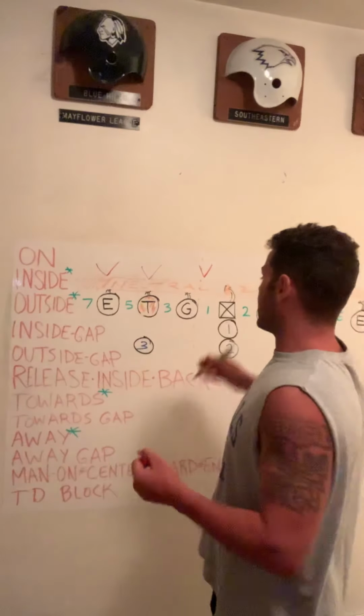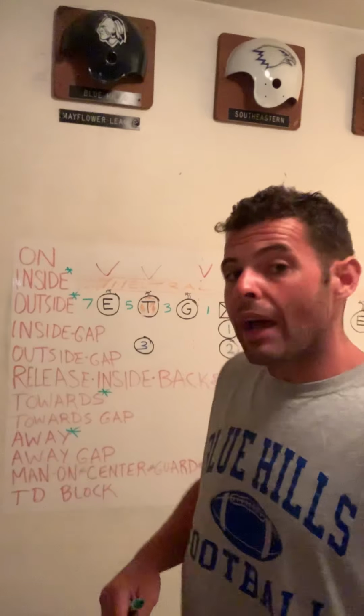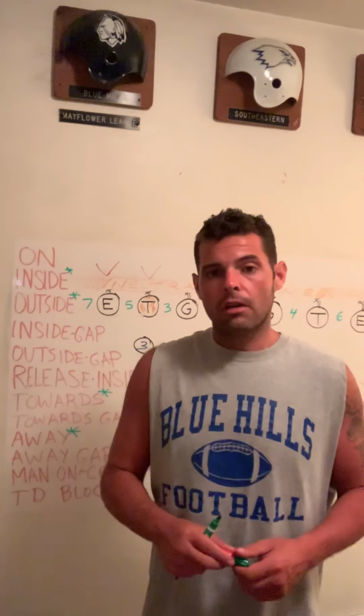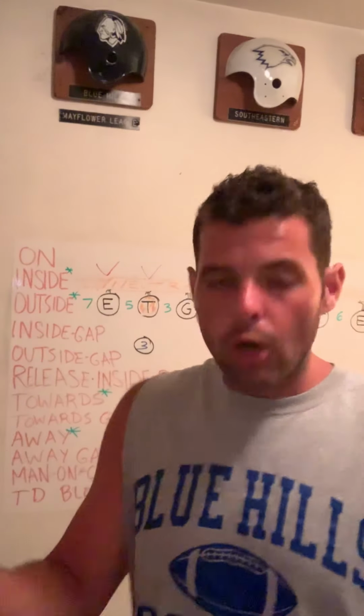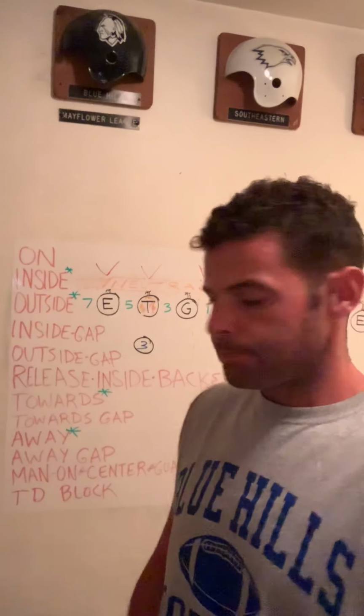So the main point here is that you need to determine if the man you think you have to block is further than a full man away from you. You don't block him. You're going to notice that in your rule there's a secondary assignment.